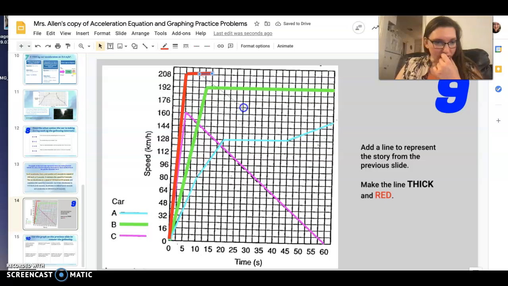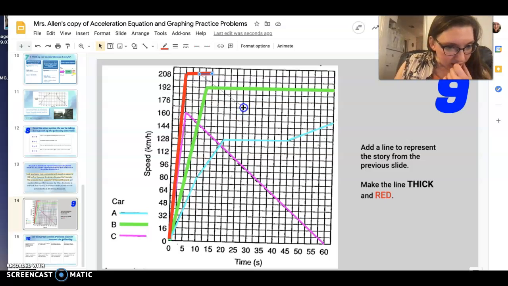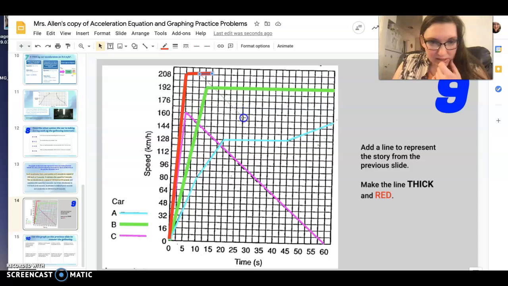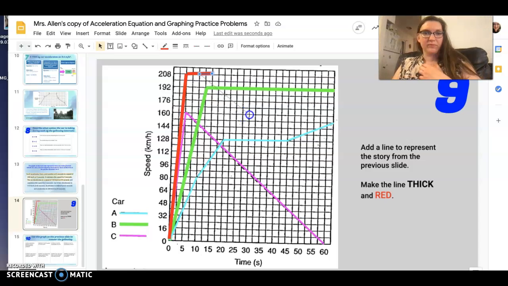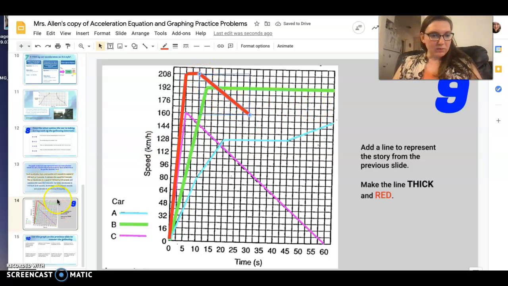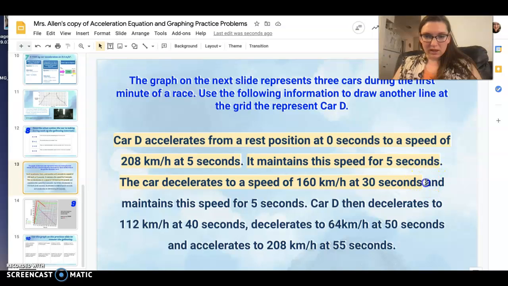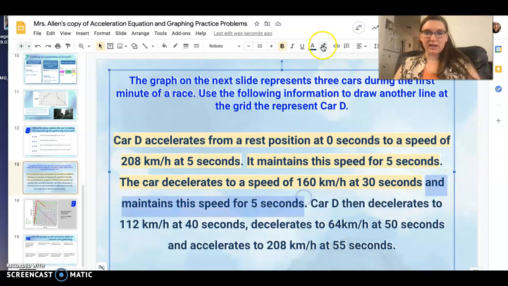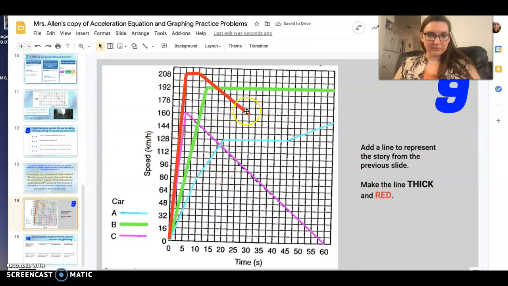And then it maintains that speed for 5 seconds. So this is going to be another flat line.